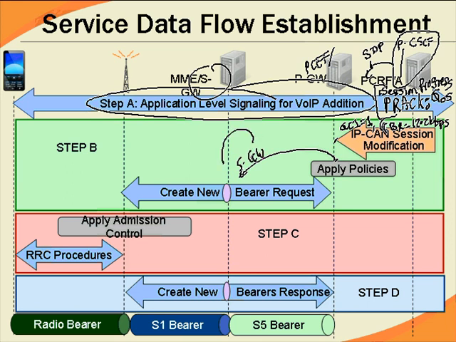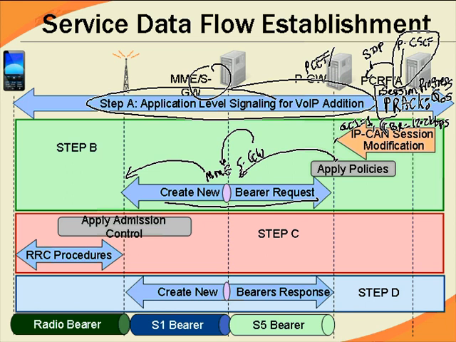Serving gateway will forward the request to the MME. MME will request the eNode B to create a new dedicated EPS bearer. And inside the new dedicated bearer setup messages, we will include the quality of service that two endpoints have agreed upon.